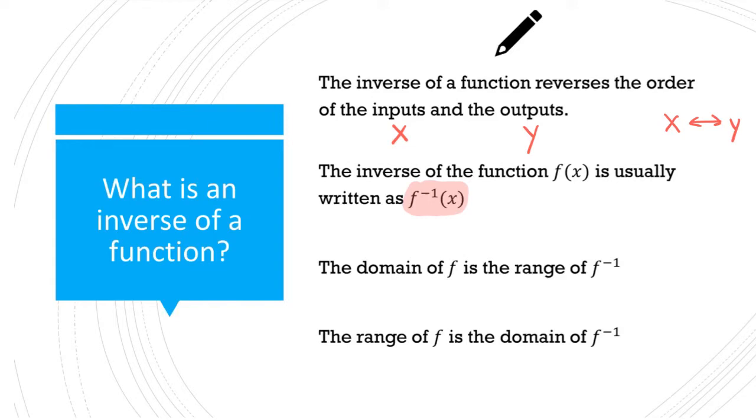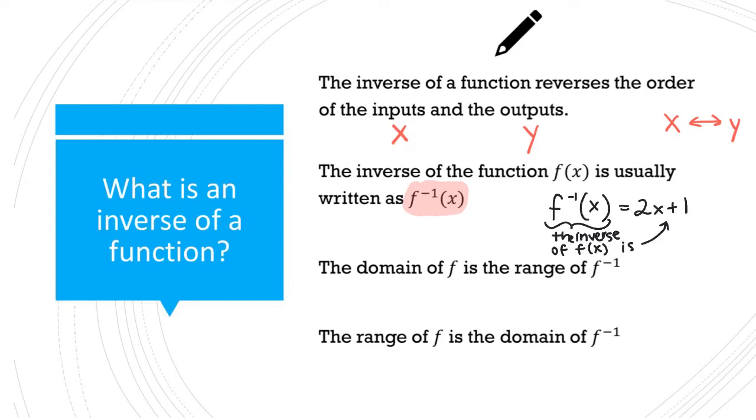So for example, if I had f negative 1 of x equals 2x plus 1, this is just saying the inverse of f of x is 2x plus 1. So it's the flip of my function is 2x plus 1. Okay, so it's just notation.